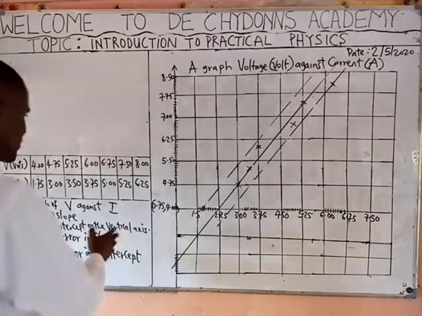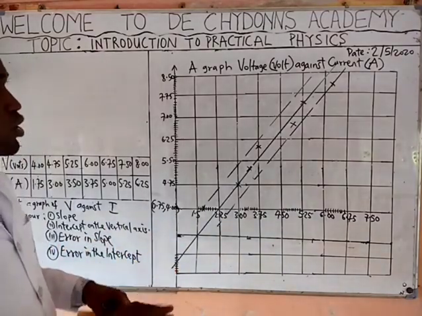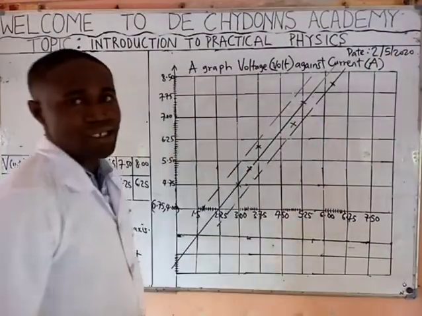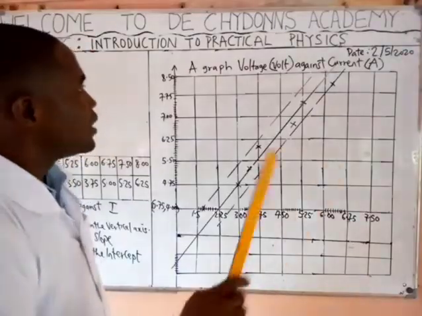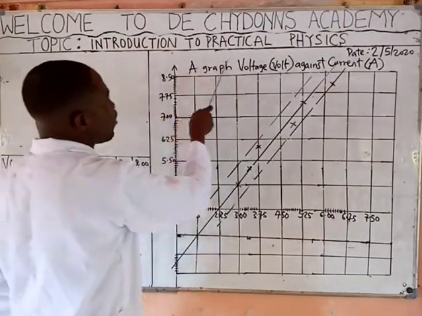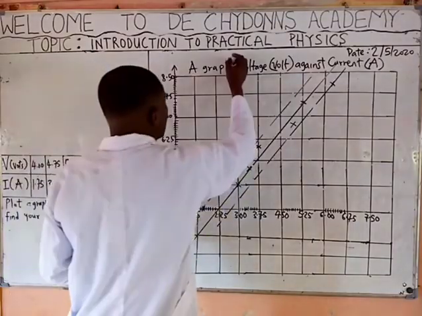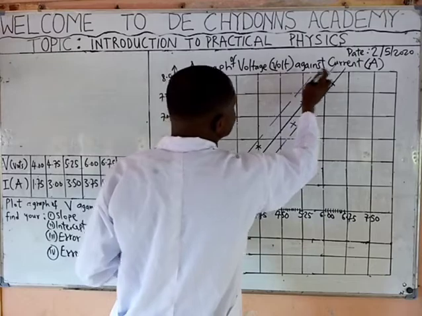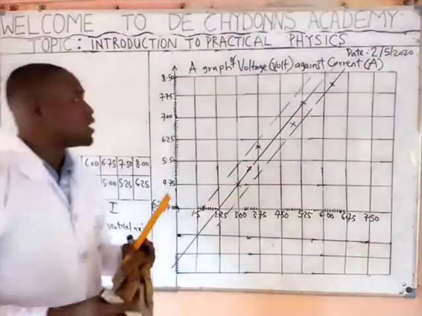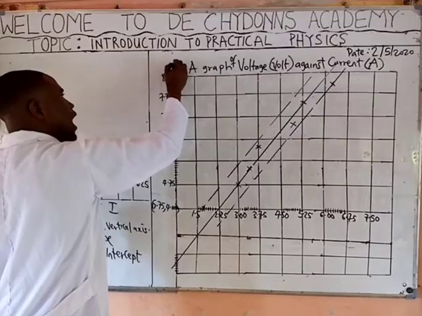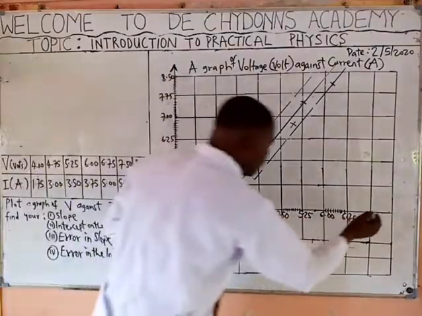For you to do this, remember, write the date you performed your experiment. Then write the title of your graph: a graph of voltage in volts against current in amperes. After doing that, put your arrows.